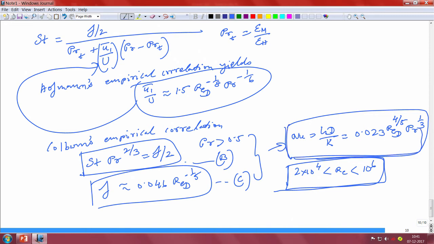And you can read the book for varieties of other types of correlations that exist in this case. So, read about the other correlations.